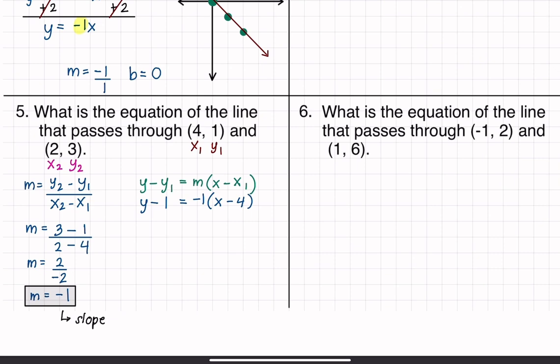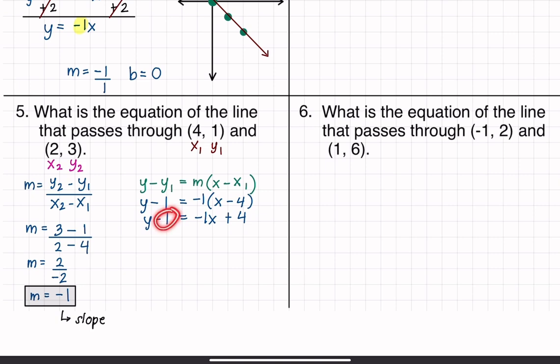Now we can distribute negative 1 times x. So we have y minus 1 is equal to negative 1 times x, which is negative 1x, and negative 1 times negative 4 is positive 4.